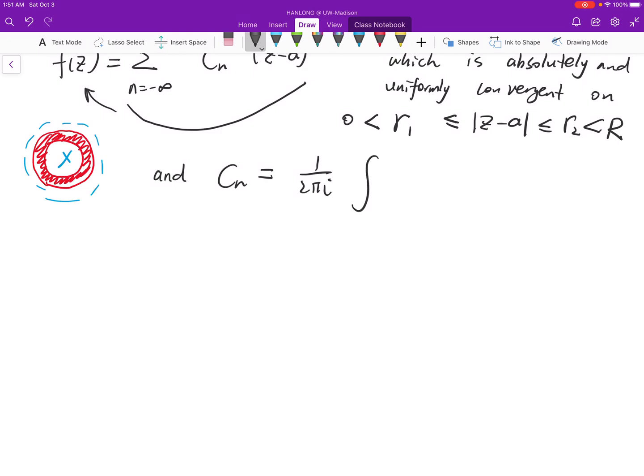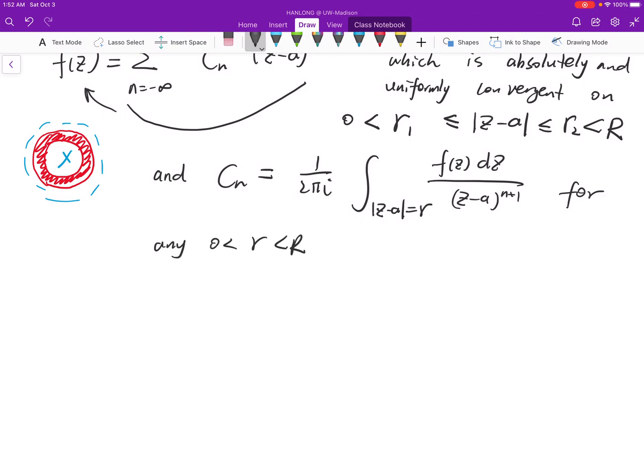It's 1 over 2 pi i times the line integral along the circle of f(z) dz divided by (z - a) to the n plus 1 power, for any small r between 0 and capital R and any n in Z. Recall that last time we showed c_n actually is independent of the choice of small r.